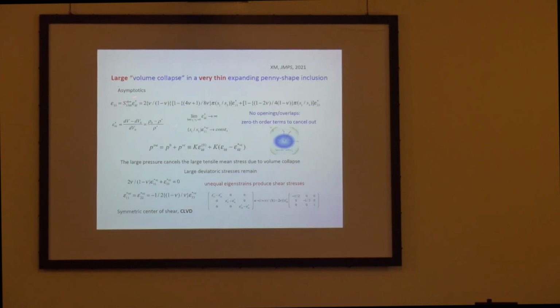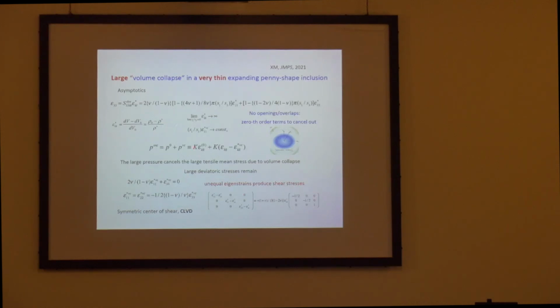And then if you want the E33 strain not to be infinite, so you don't have overlapping, you want the infinite terms to cancel each other in the eigenstrain, so that means you will produce unequal eigenstrain and shear stresses.